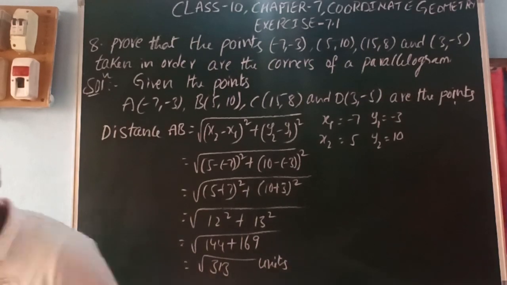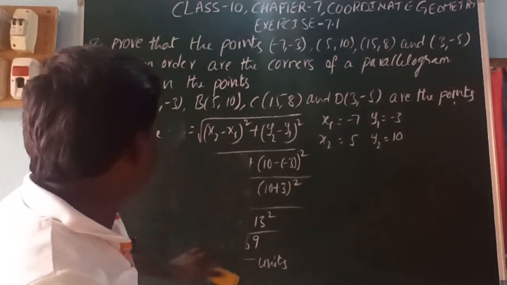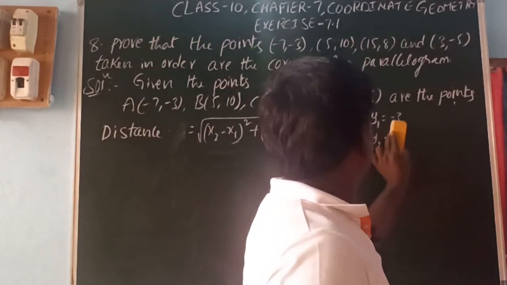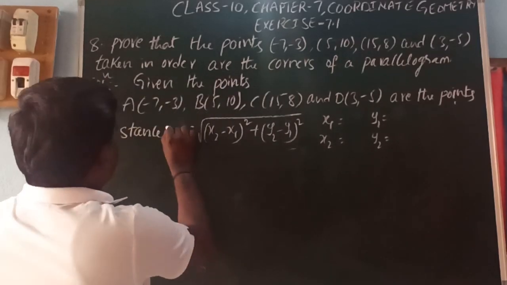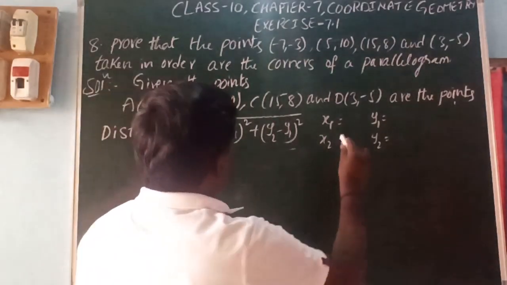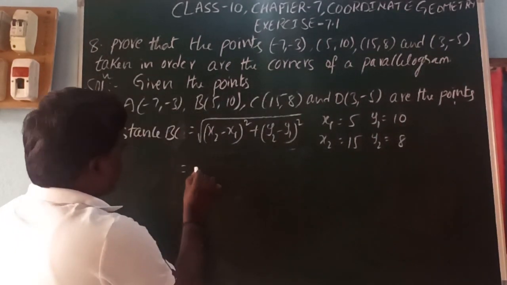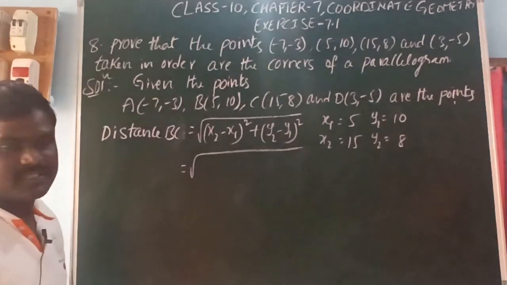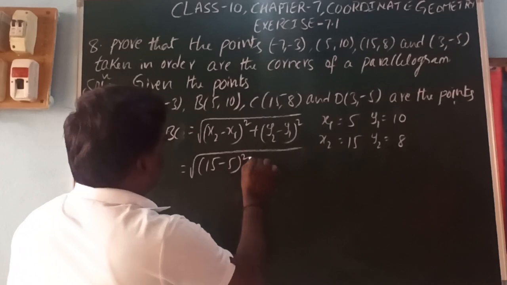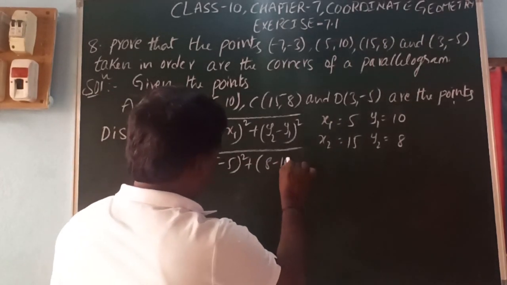Next, the distance BC. Here the points are (5, 10) and (15, 8). So the square root of (15 minus 5) whole square plus (8 minus 10) whole square.